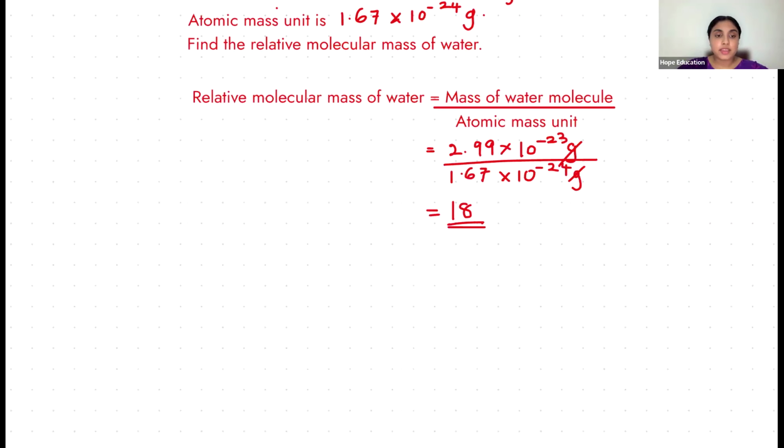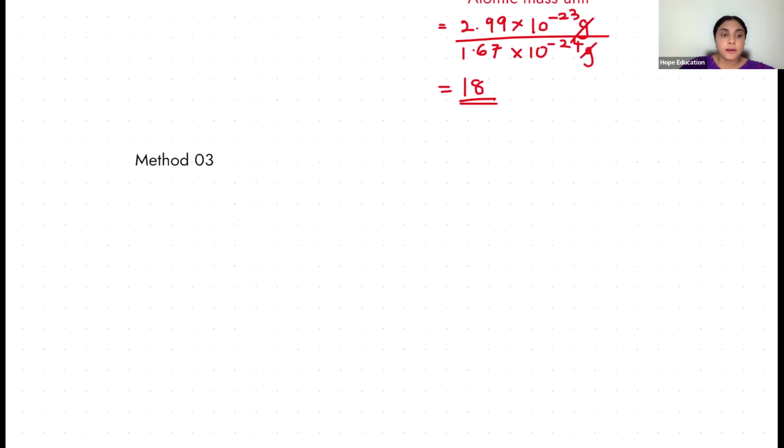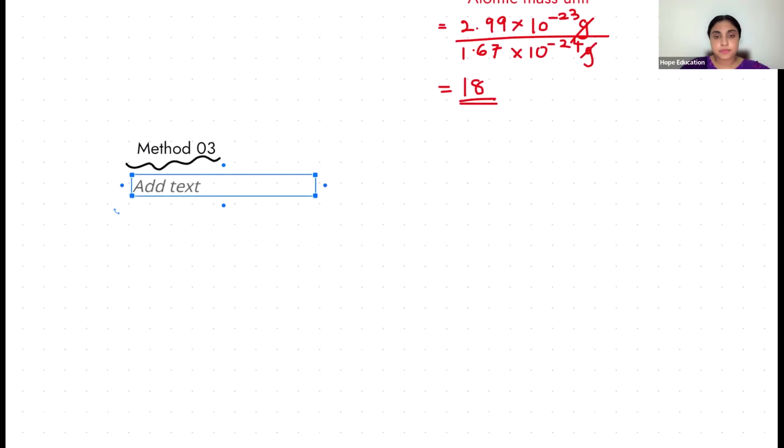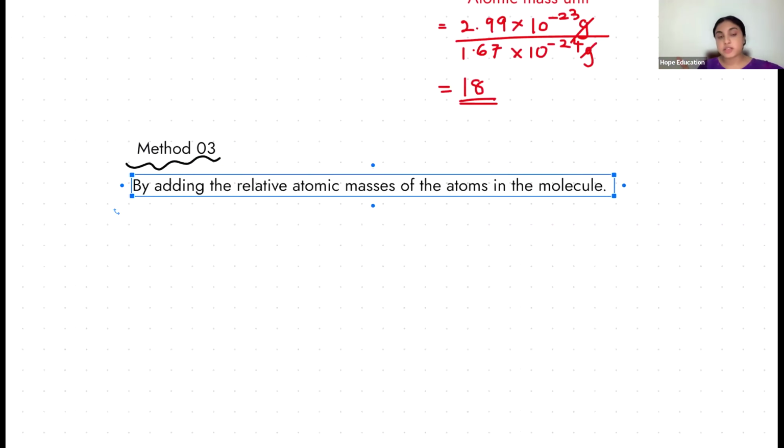Okay, so method 3, this is the best method. Method 3 is like this. Don't write, just listen first. Don't worry about it now, because I will explain this. First, I will explain using an example.